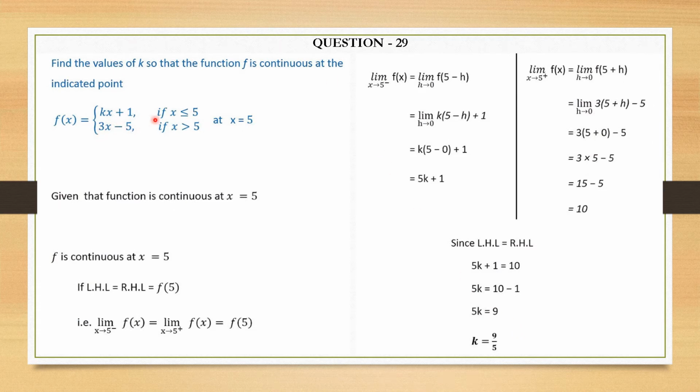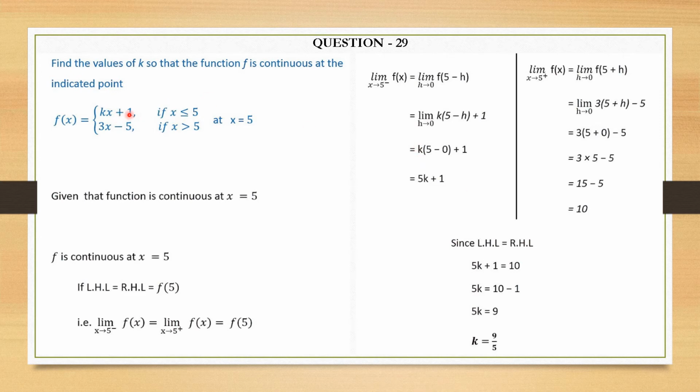Number 29 is again a simple question. For x less than or equal to 5, this function is there, and for x greater than 5, 3x minus 5. So again, since the function is continuous, LHL at 5 equal to RHL at 5 equal to f of 5. So put f of 5 minus h, and I'll get, this is the definition for the less than case, k of (5 minus h), this is 5k plus 1.